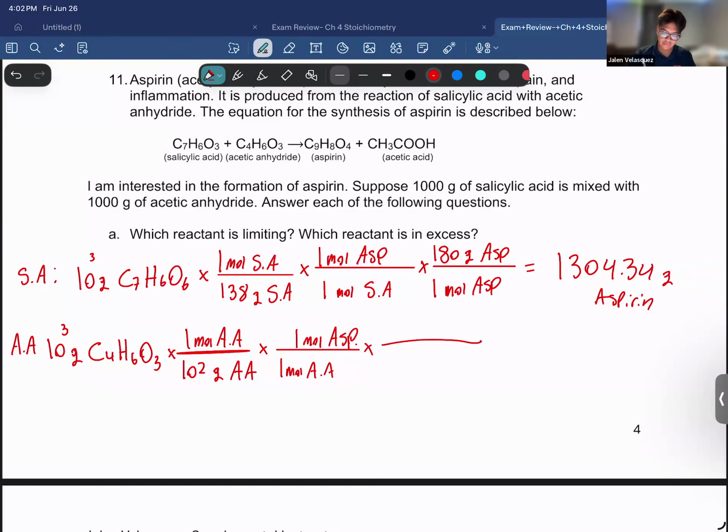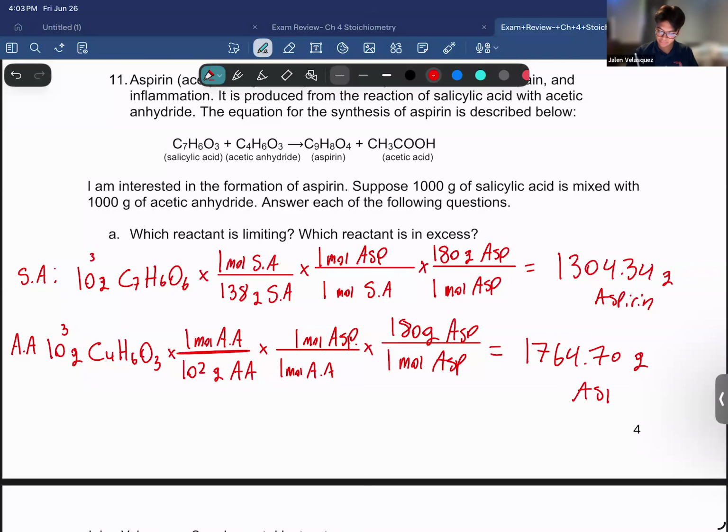And then finally from the moles of aspirin to the grams. So doing this calculation, you'll see that the 1,000 grams of acetic anhydride will yield you 1,764.7 grams of aspirin.